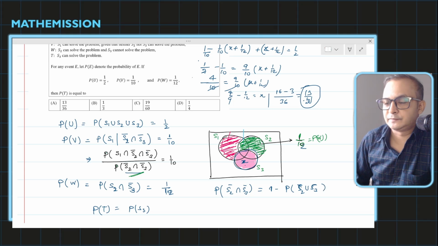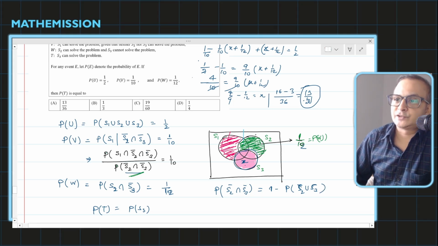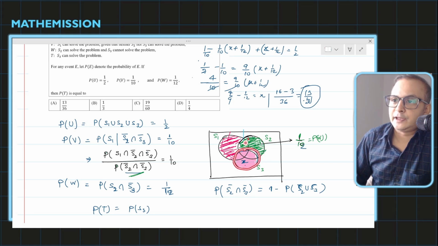And S2 union S3, if you see, is this region combined with this region. It doesn't matter how you are taking it, but this whole shaded region is S2 union S3.